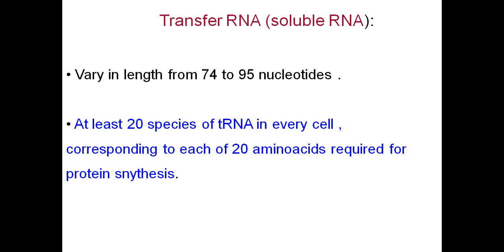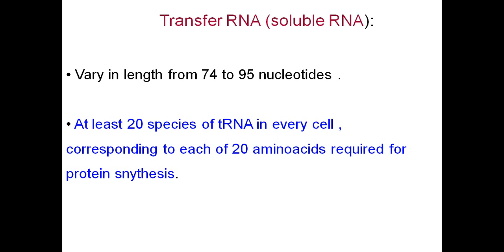There are at least 20 species of tRNA in every cell corresponding to each of the 20 amino acids required for protein synthesis.